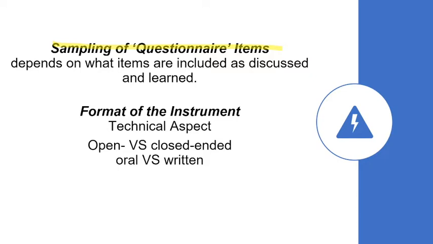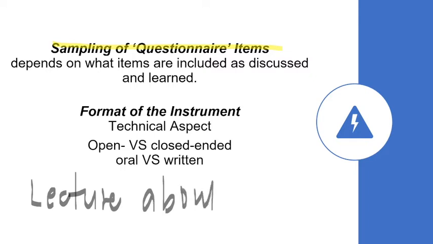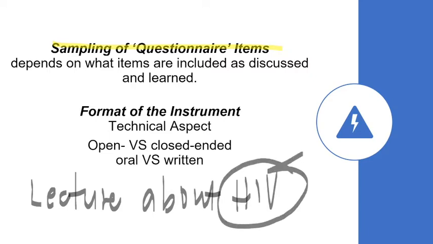So, where are we very particular of this? For example, if I'm doing a little experiment, and let's say I would want to find out if my lecture about HIV is effective. And then, for example, let's say I do not want the scores to be low. So instead, what I did was to choose only the items about HIV which are easy to understand.